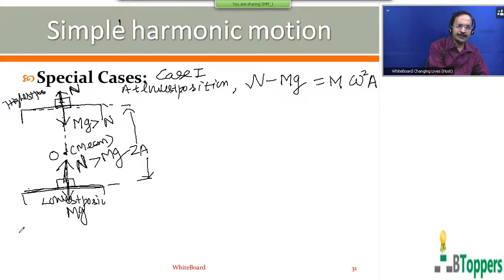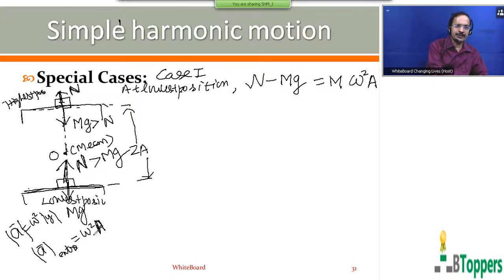So magnitude of the acceleration in SHM will be equal to omega square times magnitude of the displacement from mean position. So magnitude of the displacement from mean position can be taken as equal to A at each extreme position.